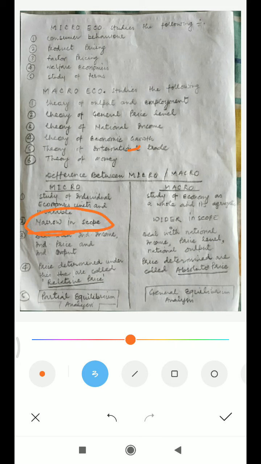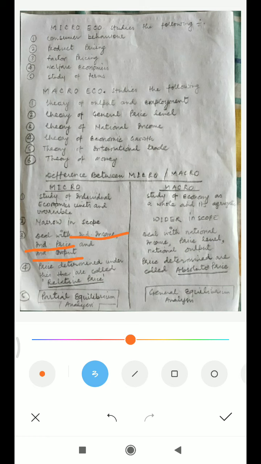Second difference is that the scope of microeconomics is narrow and the scope of macroeconomics is wider. Third difference: microeconomics deals with individual income, individual price, and individual output.